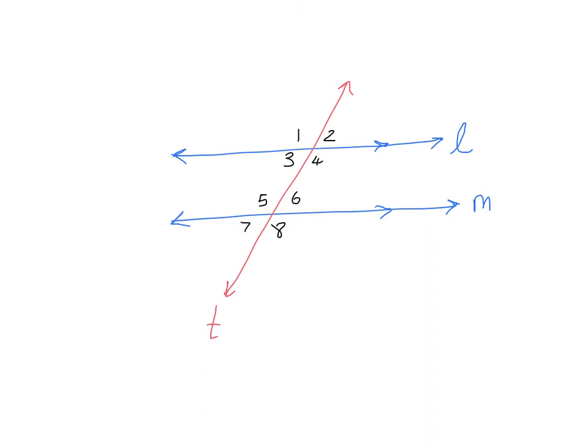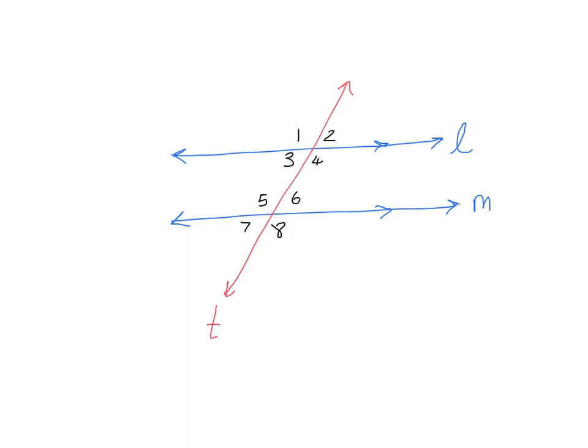So the final relationship that we're going to look at before we look at an example today is consecutive interior angles. So we already know our interior angles that we should be used to by now. Our interior angles are 3, 4, 5, and 6. And the consecutive interior angles are actually on the same side of the transversal. So we have here 3 and 5. They are consecutive interior angles.